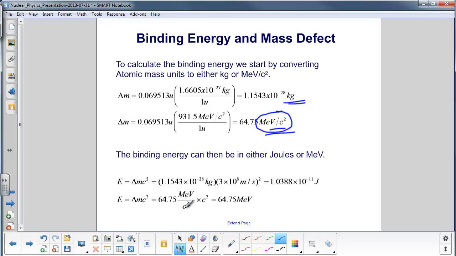We have MeV per c squared times c squared. These just cancel each other out, and we're left with a binding energy of 64.75 MeV. So the math is easier, and it's a little easier to say when you're working with nuclear binding energies than worrying about joules and kilograms.